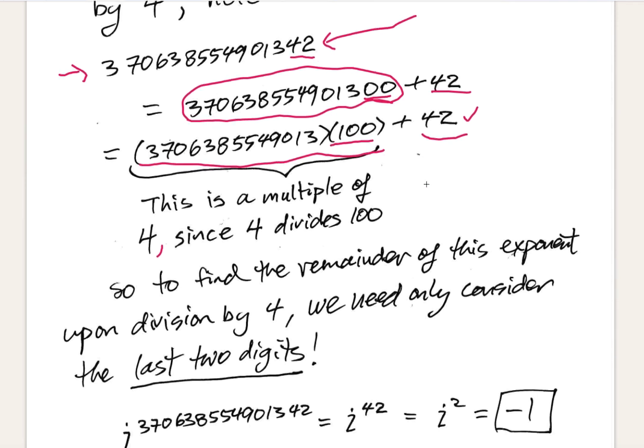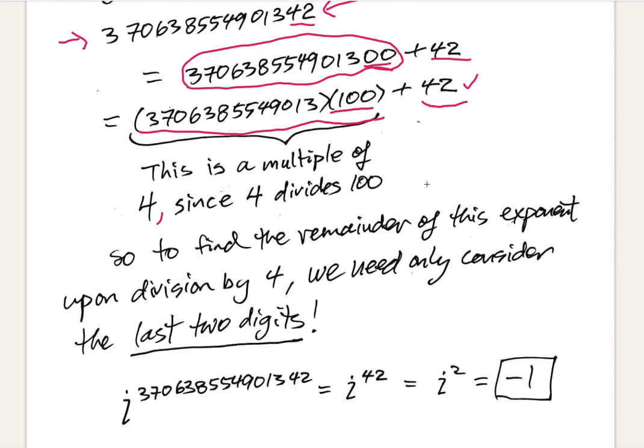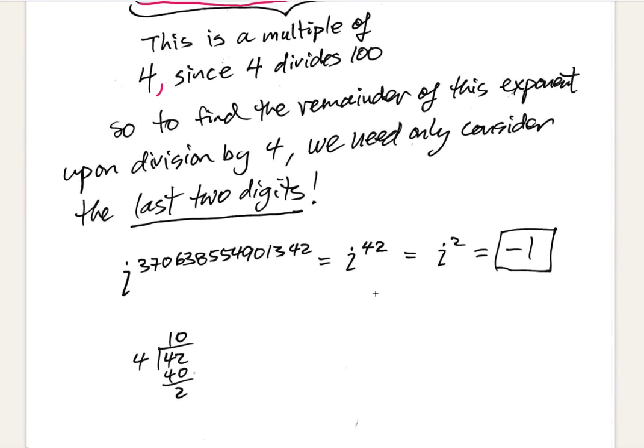So what I'm saying in the end is to find the remainder of this exponent upon division by 4, we need only consider the last 2 digits. So if I go like this, i to the 370 blah blah blah 1342, that's going to be exactly the same as i to the 42 power.